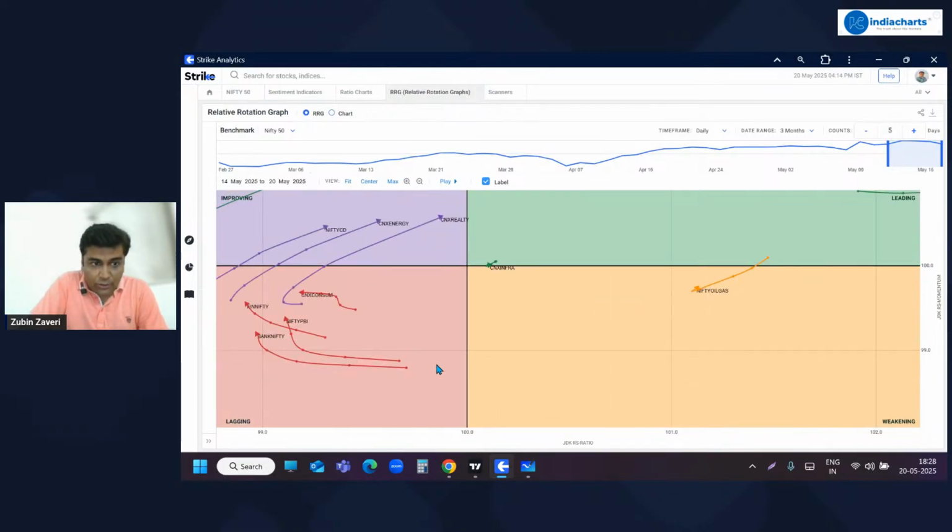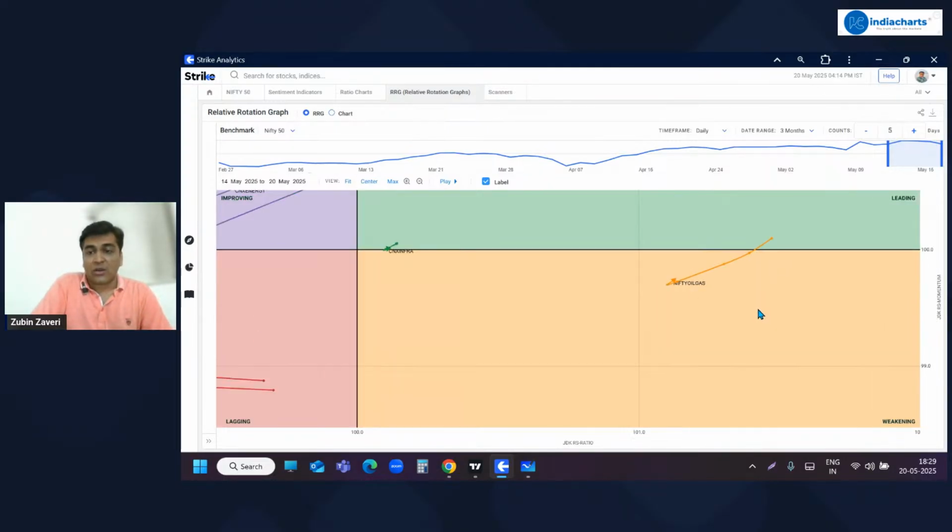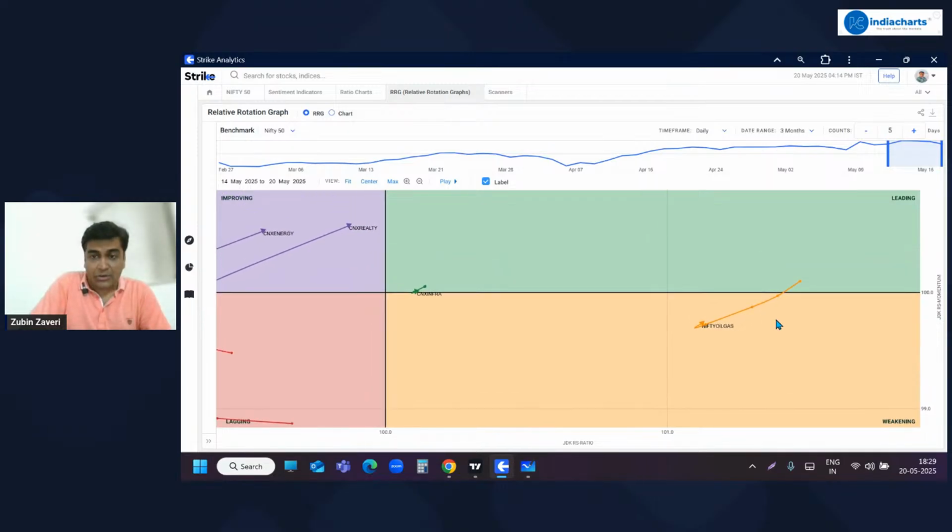Instead of going to the lagging quadrant and then coming up, it may take a shortcut directly into the leading quadrant. Any sector or stock from the weakening quadrant entering the leading quadrant directly is something you cannot miss out.